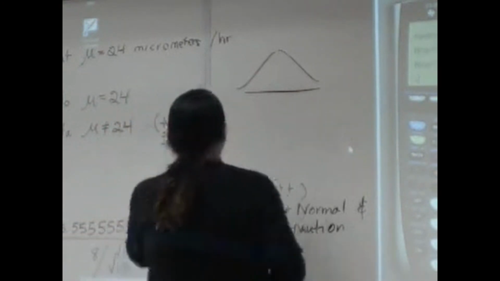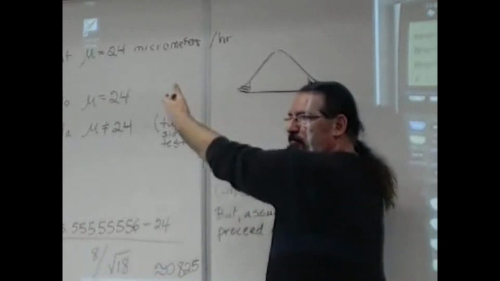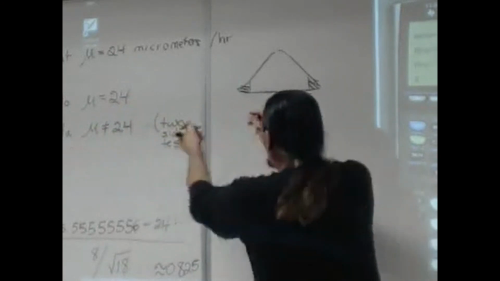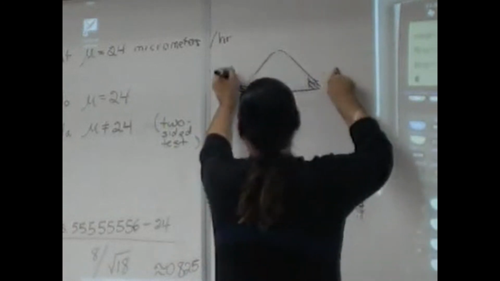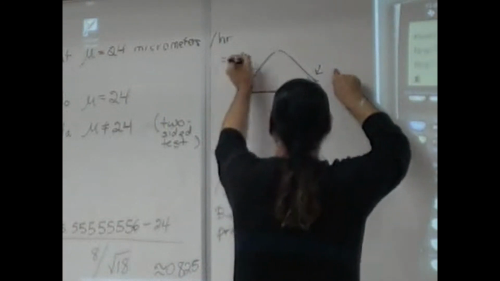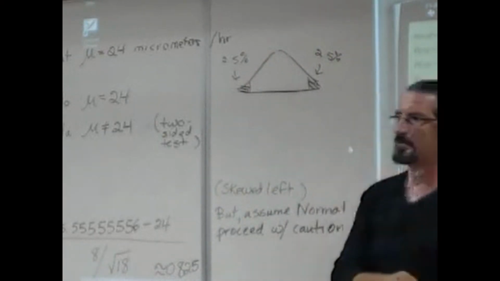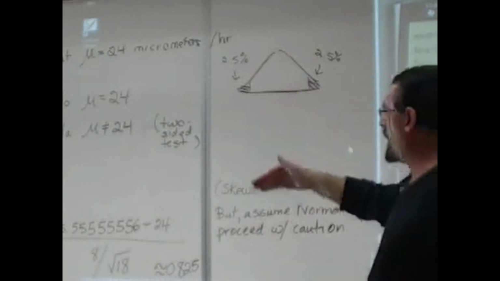Since it's 2-sided, we would have to be talking about a very big, very extreme z-score, so that the probability of being in one of those 2 tails, a total of 5%, which means 2.5% per side, would be 5%, half per tail.